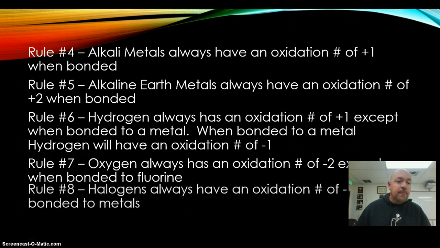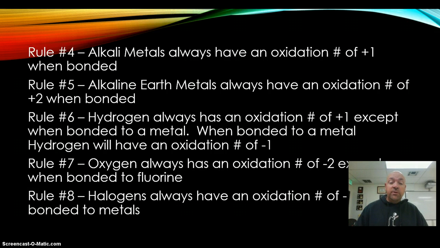Last one today is rule number 8, and this again deals with another family. So we're covering 3 families on the periodic table that we're saying are always true about them, and this is the halogens. The halogens always have an oxidation number of -1 when they're bonded to metals. So we're talking about an ionic bond here, because you would have a metal bonded to a halogen.